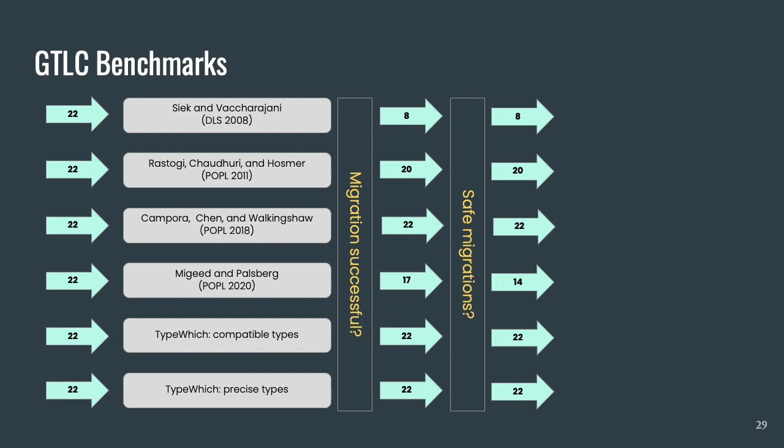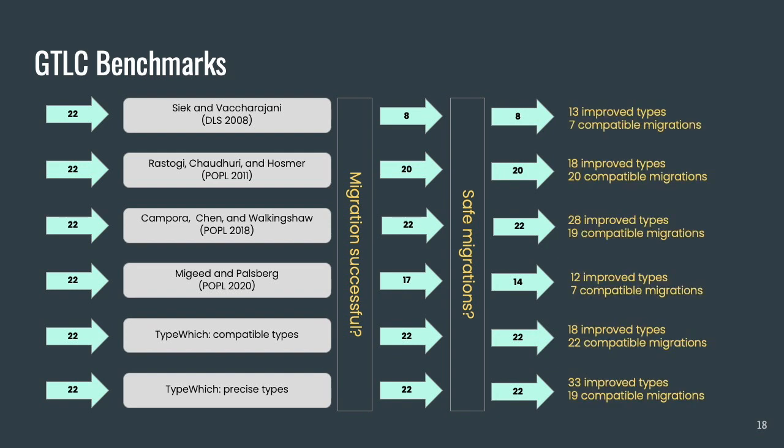One, is it compatible with every context? Two, how many types were improved? You'll note that TypeWhich in compatible mode produces entirely compatible migrations, as does Rastogi. Also note that TypeWhich in precise mode improves many more types, but does so at the expense of producing some incompatible migrations.